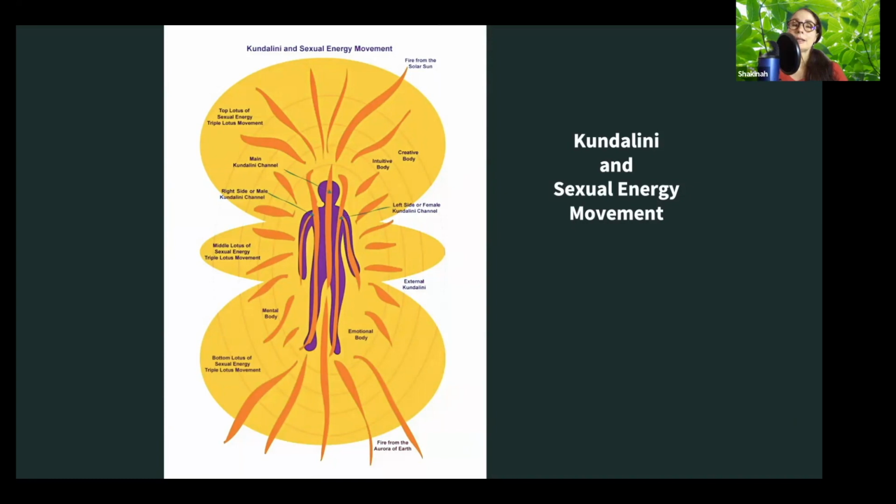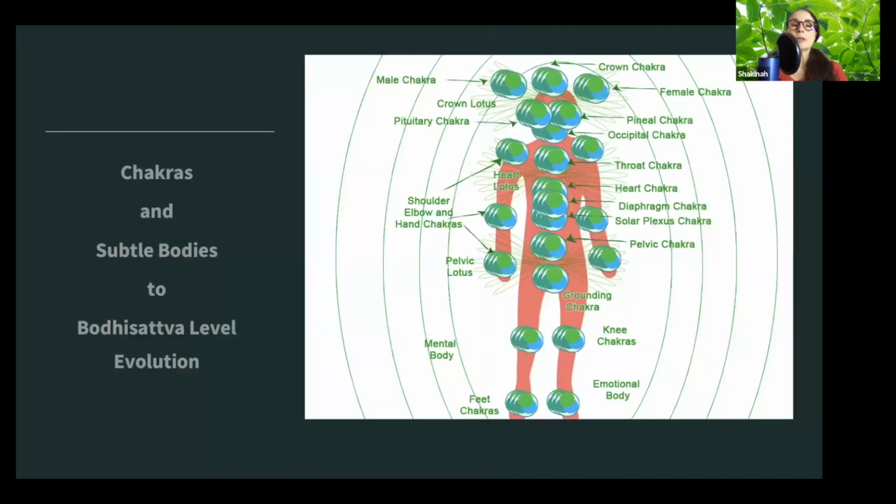We can intend to pull up the fire from our aurora to help us move our Kundalini energy if we so choose. These are the chakras and subtle bodies to Bodhisattva level of evolution.